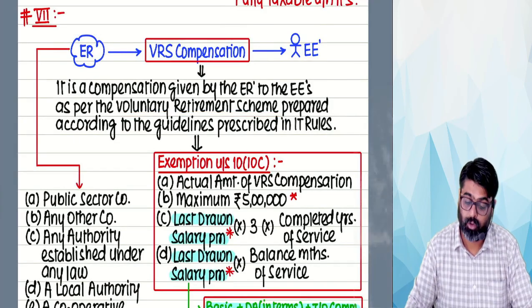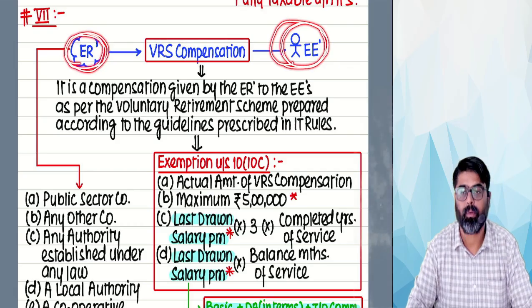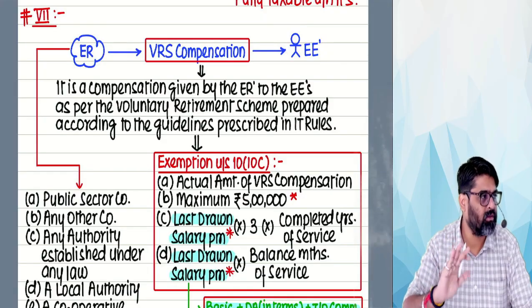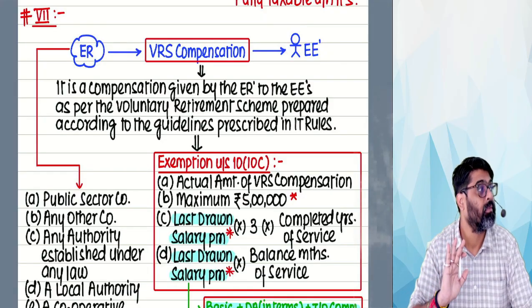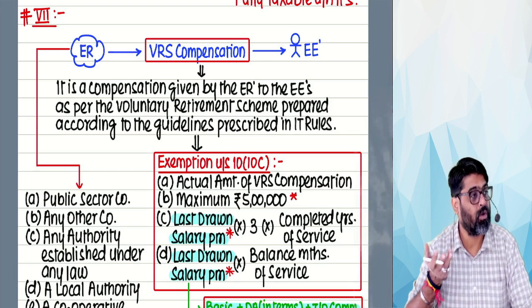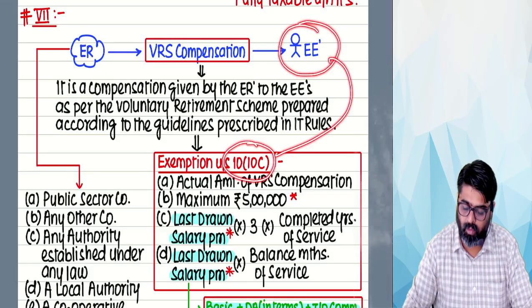Meaning, you must be an employee of a specific employer. If any other employer makes the scheme and is giving you voluntary retirement compensation, then it will not be exempt.